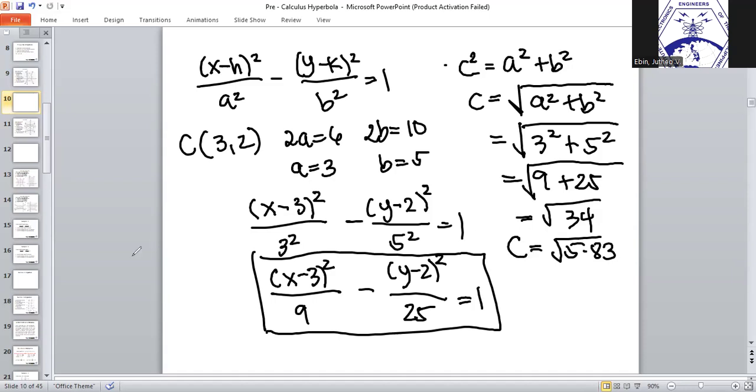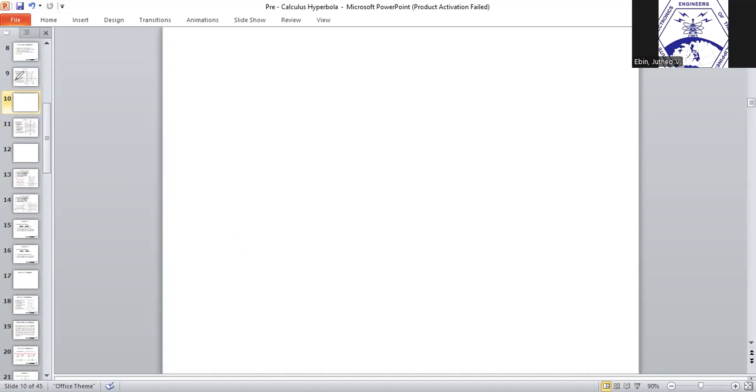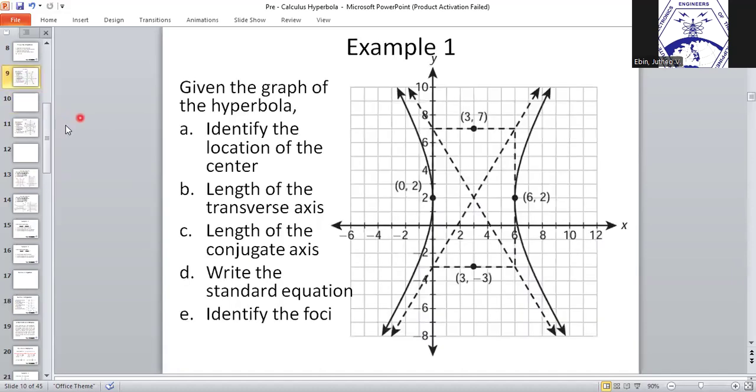Yung 5.83 na to, this is equal to c or the distance. Ay, sorry. Wala na pala yung square root doon. 5.83 na lang. So yung 5.83, ito yung distance ni center kay focus, doon sa dalawang focus. So to locate the foci, we need to count 5.83 mula kay center na 3, 2. Bibilang tayo pakaliwa at saka pakanan.